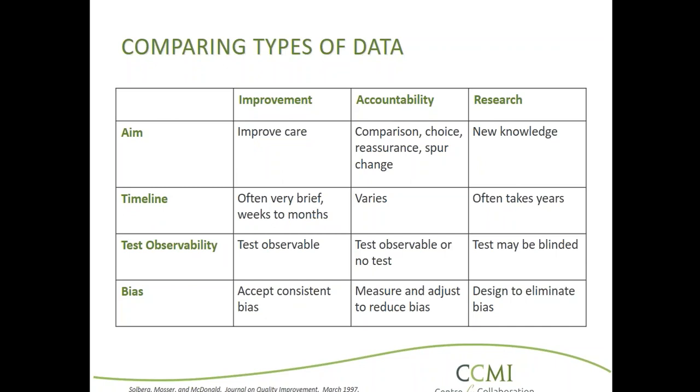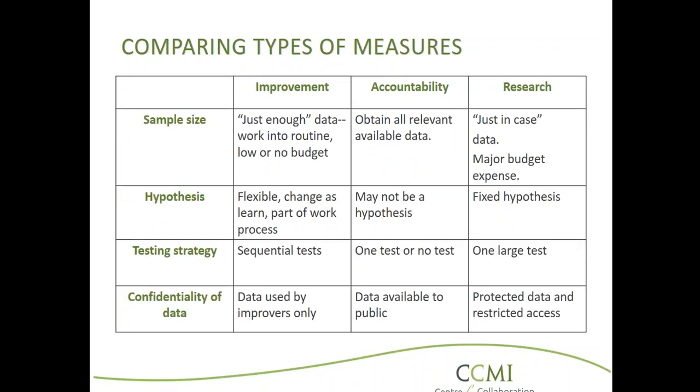There's a second part of this table which talks about sample sizes, hypotheses and testing strategies. And you'll see when you go through the table that the level of importance or the orientation around these concepts is very different whether you're doing improvement, evaluation, or research.